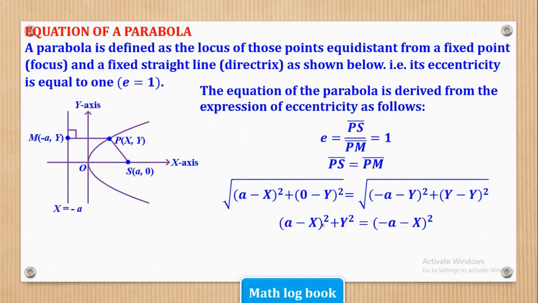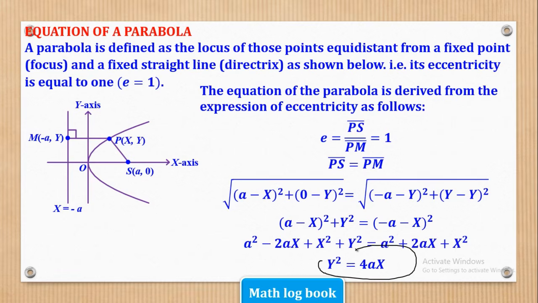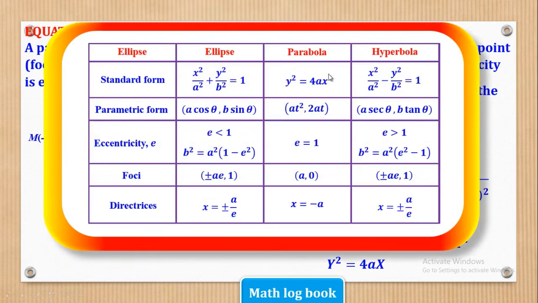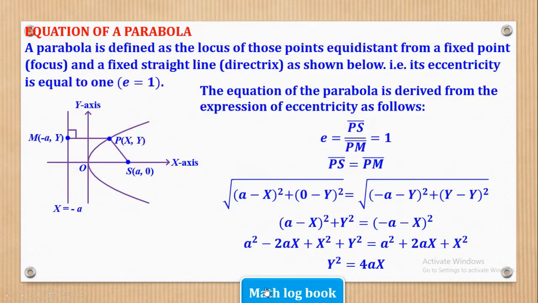So when we square both sides, we shall come up with that. And when we expand, this gives you this, and this gives you that. And when I collect like terms, I'll come up with this. I think you realize that it is in the form which is also available in your mathematical logbook. So that is the formula of a parabola, which you shall be using more frequently.